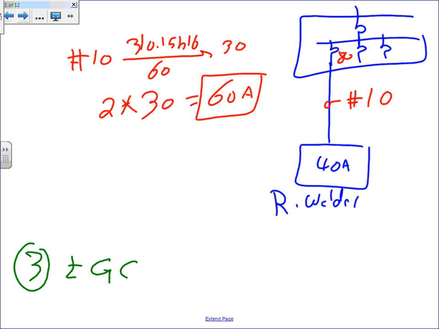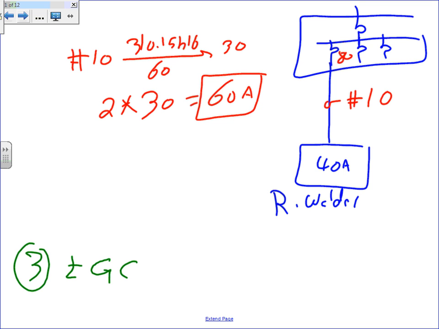Do I have a 60 amp? Now I have an option to make. Either change this one into 60 amps and bring another 80 amps here, or up my conductor to the next size.